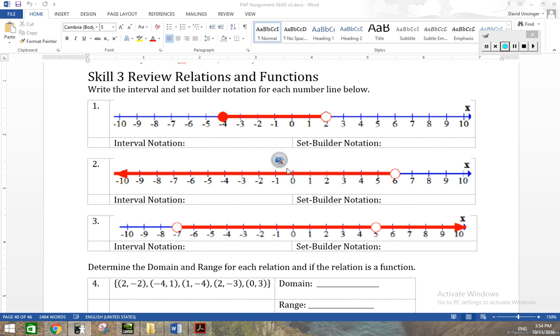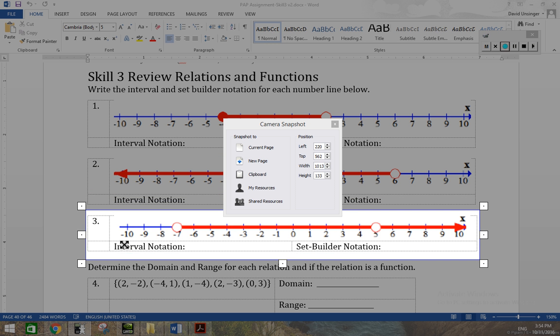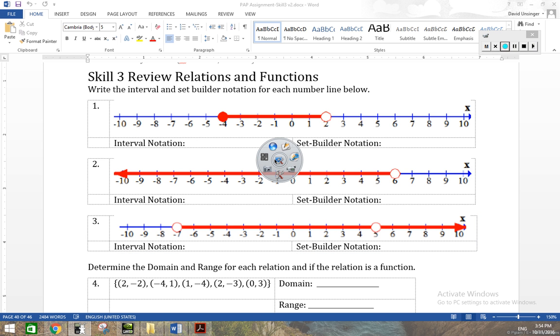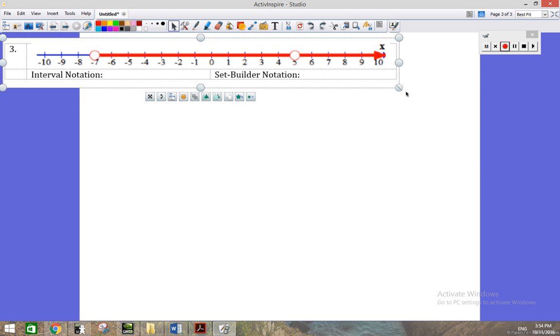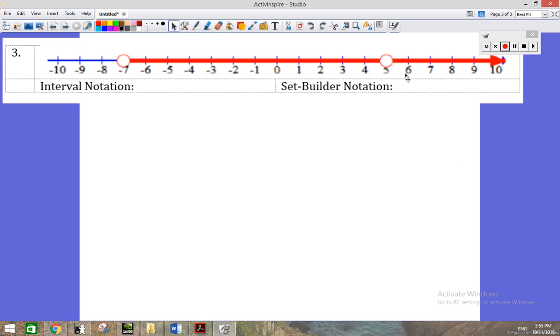And let's go ahead and do 3 since it's the same style of problem. Now this time we notice that there's more than one interval that's shaded on the graph. We have a break in the graph, so we'll need to use a symbol that's called a union. And in interval notation, we're excluding the endpoint negative 7 all the way to positive 5, and we're excluding that.